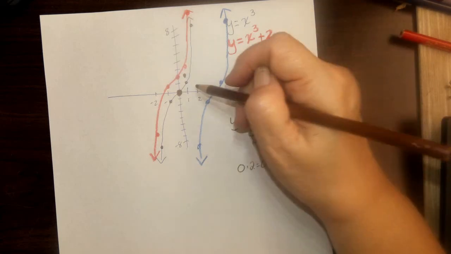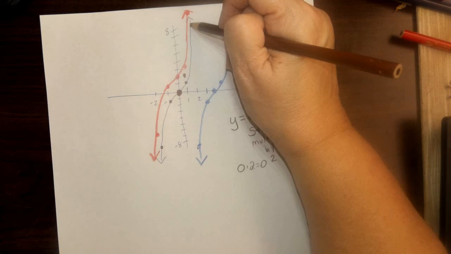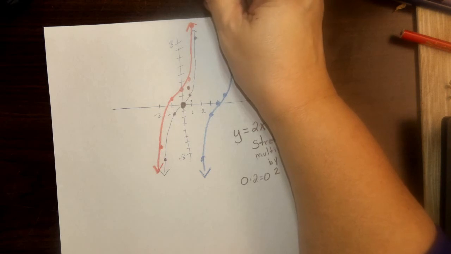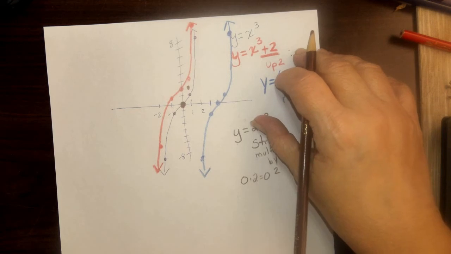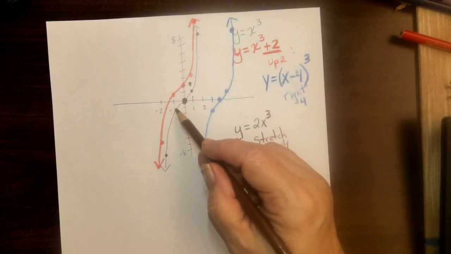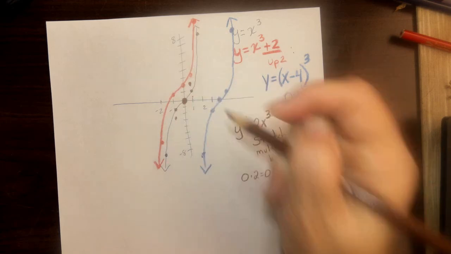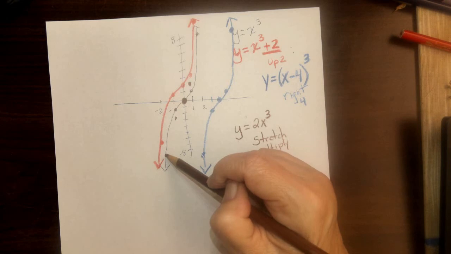Now watch this. This one is at 2, 8. How much is 8 times 2? 16. This dot is way up here off my paper. Way, way up here. Can't even fit. Okay, this one is at negative 1. How much is 2 times negative 1? Negative 2. So this dot goes down here. This is negative 2, negative 8.